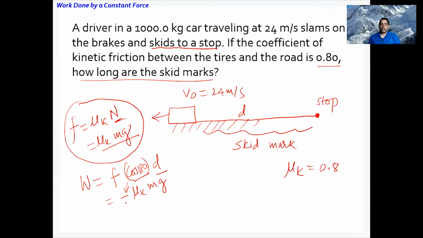This is how you get the negative sign. Then D. So what is your mu? Mu is 0.8. Then m is 1000. G is 9.8, obviously. Then D is D. We don't know D yet.